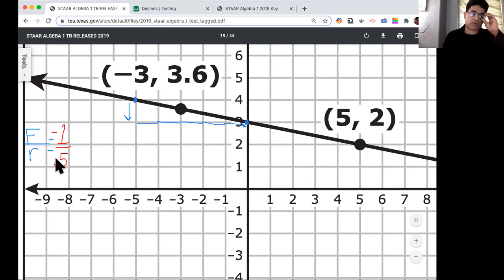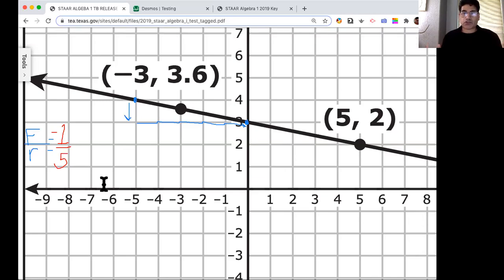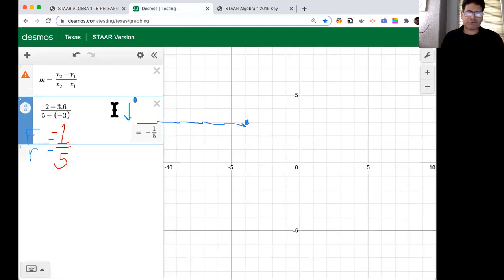So still negative 1/5. So again, you could have done it without Desmos, but sometimes it's hard to see that those are actually on the point. And it's better to use Desmos, do the math, do that formula, do those fractions and those combining of terms in Desmos, and leave the counting just as a way to confirm the answer that you got in Desmos.